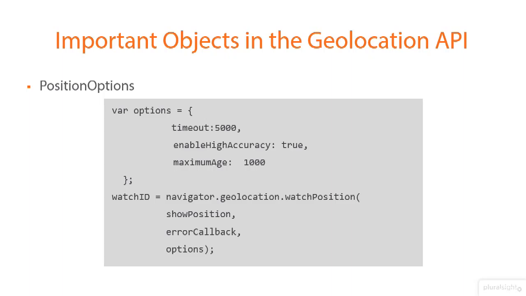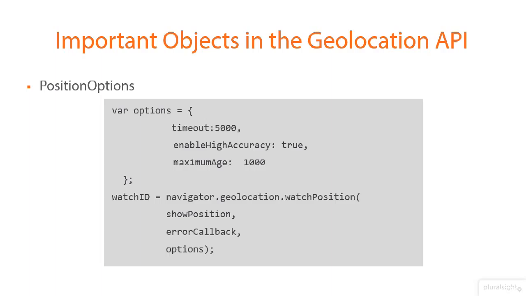The timeout is pretty logical. It says when a new value needs to be retrieved. The enableHighAccuracy property allows us to specify how accurate the position needs to be. In other words, if the browser must try to use the GPS if available. Setting this to true will also mean that the position retrieval will take longer.